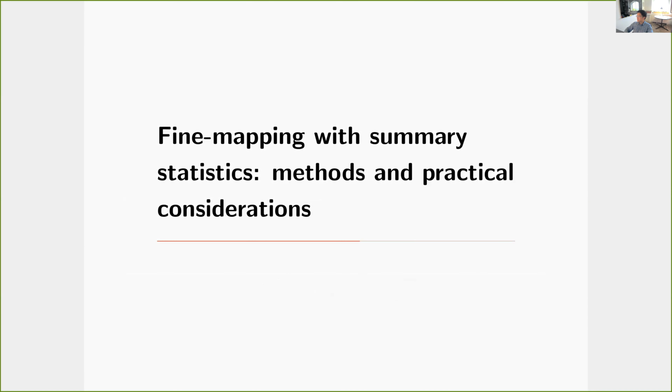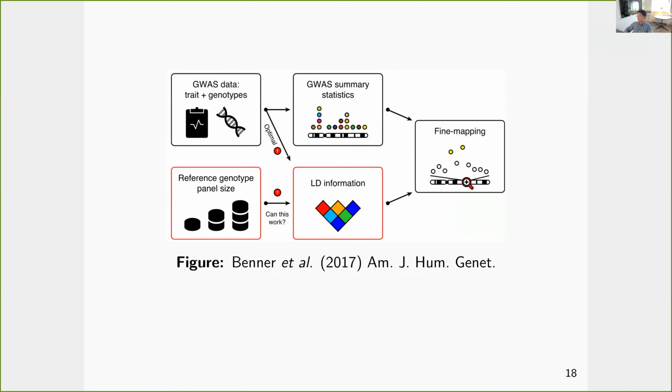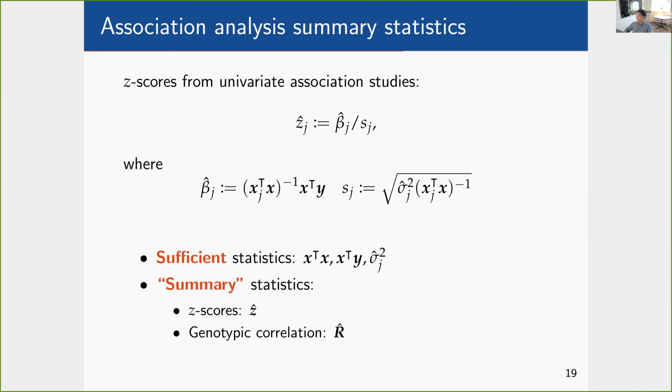Okay, so I'm going to use the rest of the time to discuss some practical considerations, especially using summary statistics, which I think most people do with fine mapping applications anyways. So we first have to define what a summary statistic is.